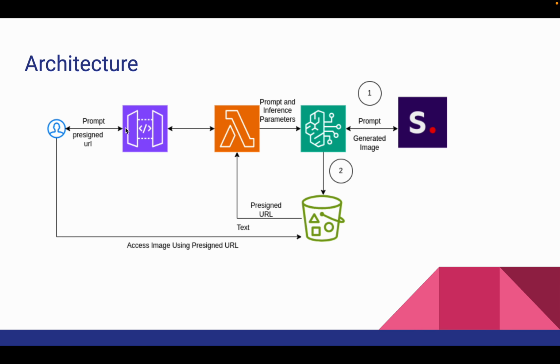Once the user has asked for the prompt, it will be hitting the AWS Lambda. From AWS Lambda, we will be calling the AWS Bedrock, and also we will be calling the S3 bucket. So here this should be from AWS Lambda.